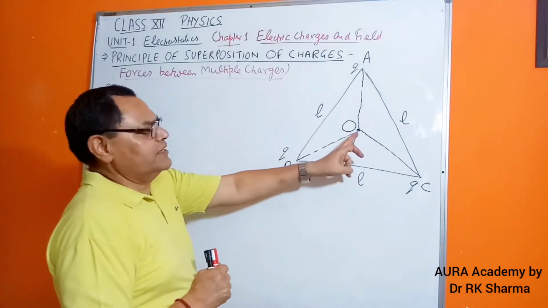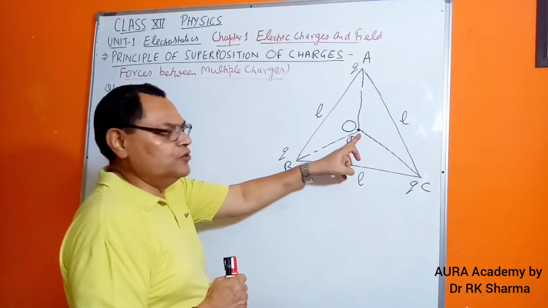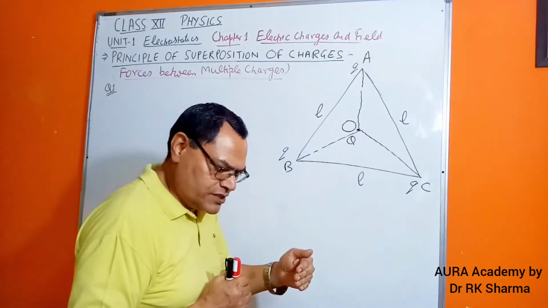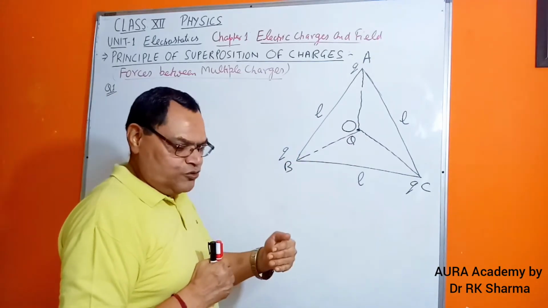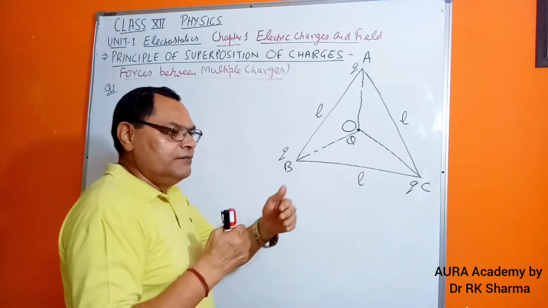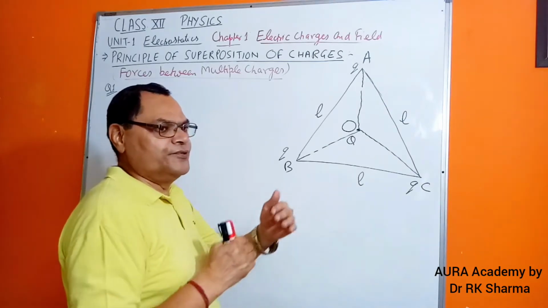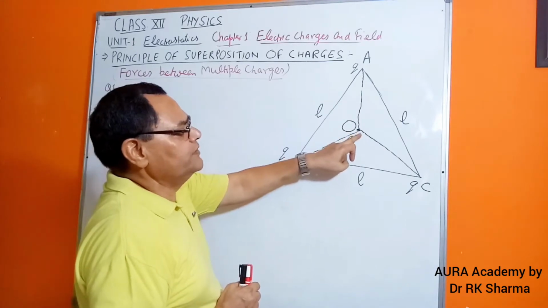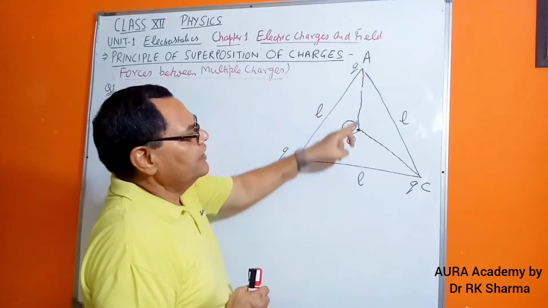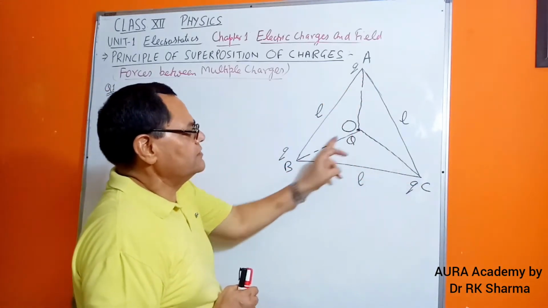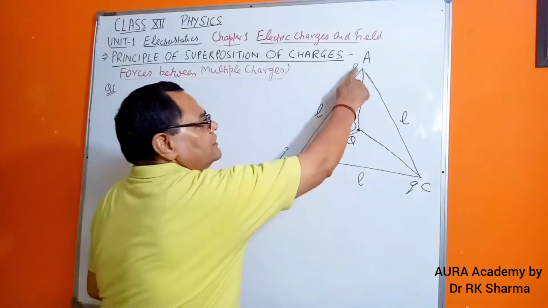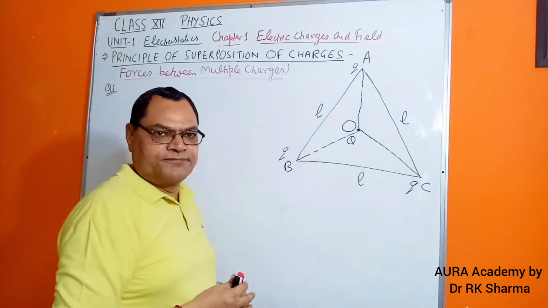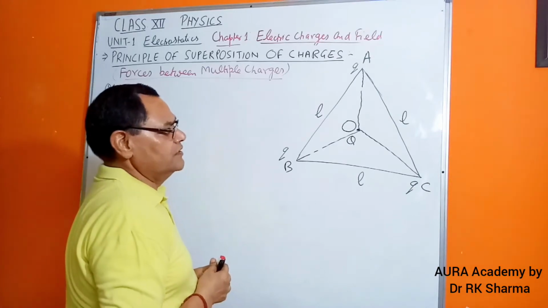The very first question that should come to mind is how many possible pairs of forces are there. You can see there is a force between this charge and this charge, as well as between these two charges. So there are 3 possible pairs of forces.